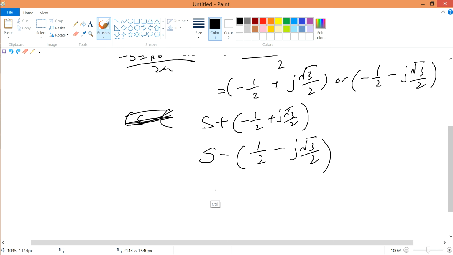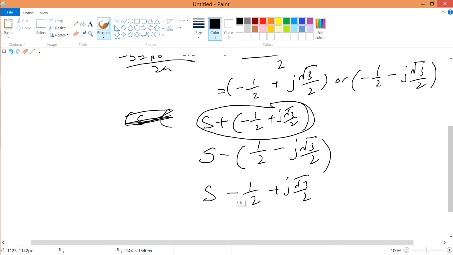If I were to work it out, I will multiply in the minus again, just to show you. If I were to multiply it in, I'll have S minus half plus j square root 3 over 2, which is the same as this one. Sorry, this one is not right.